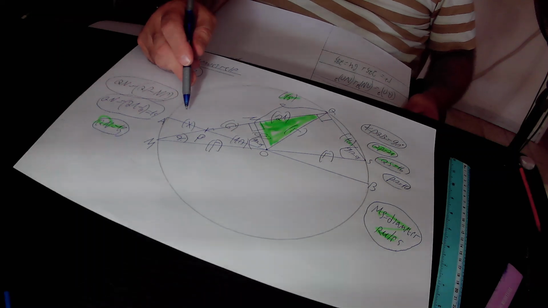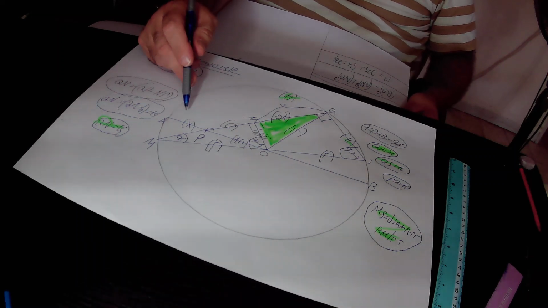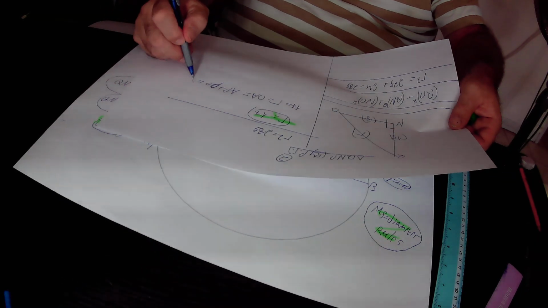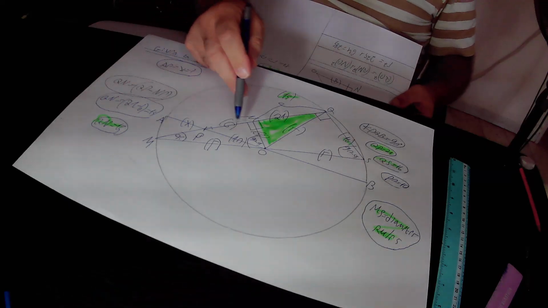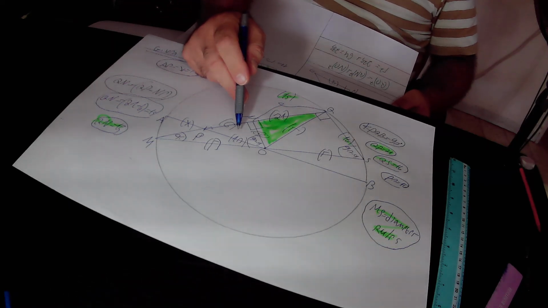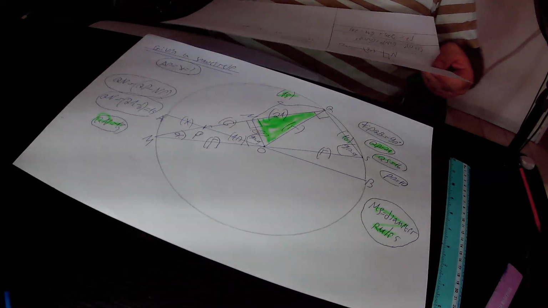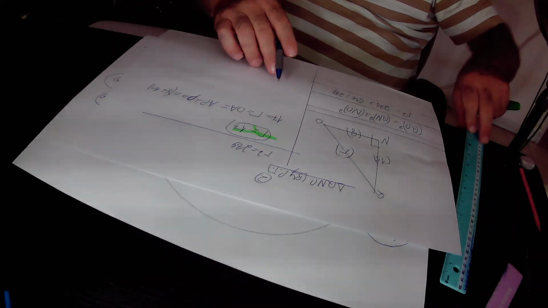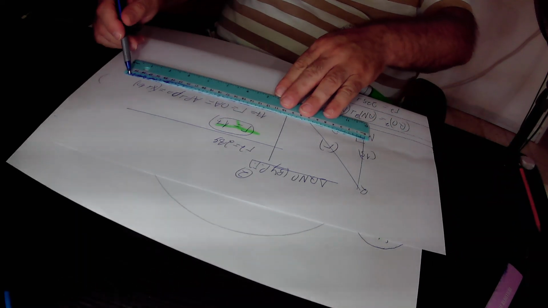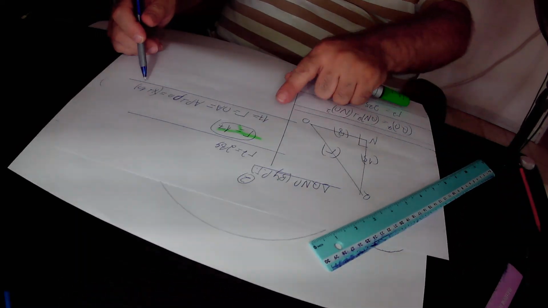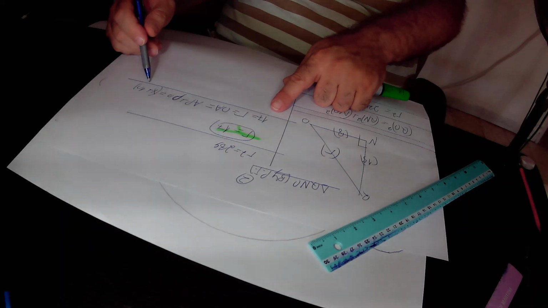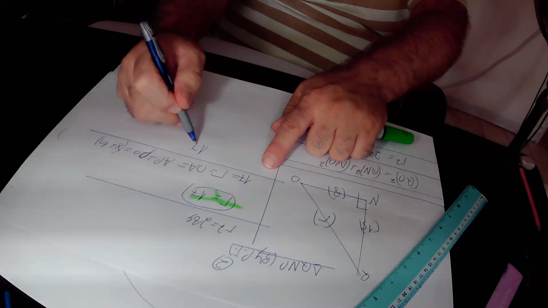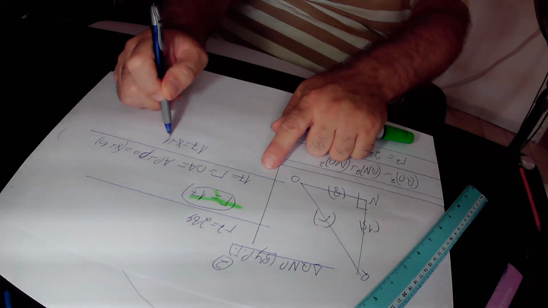AP is the line segment that we are looking for in this question, and it equals X, plus PO. PO equals 10 units, according to what is given in the question. From this equation, we derive that 17 equals X plus 10.